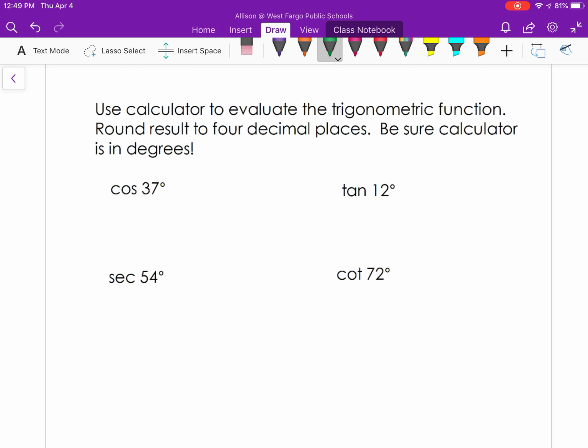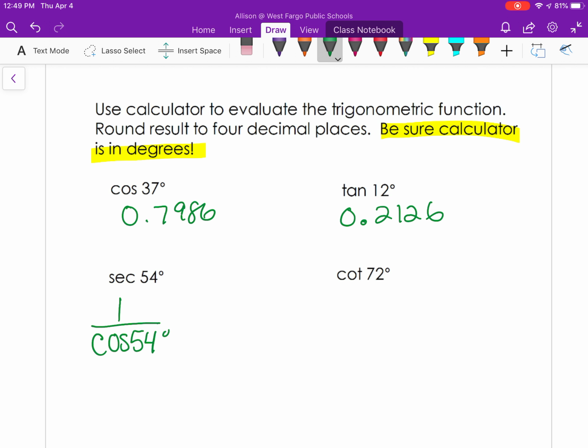Using the calculator to evaluate, just practice this, pause it, and make sure you're getting the right answers. Just be sure that your calculator is in degree mode. When you do the cosine of 37 degrees, you should get 0.7986. Tangent of 12, you should get 0.2126. To do secant of 54, you have to remember that it's the reciprocal of cosine, so it's actually 1 over cosine of 54 degrees.